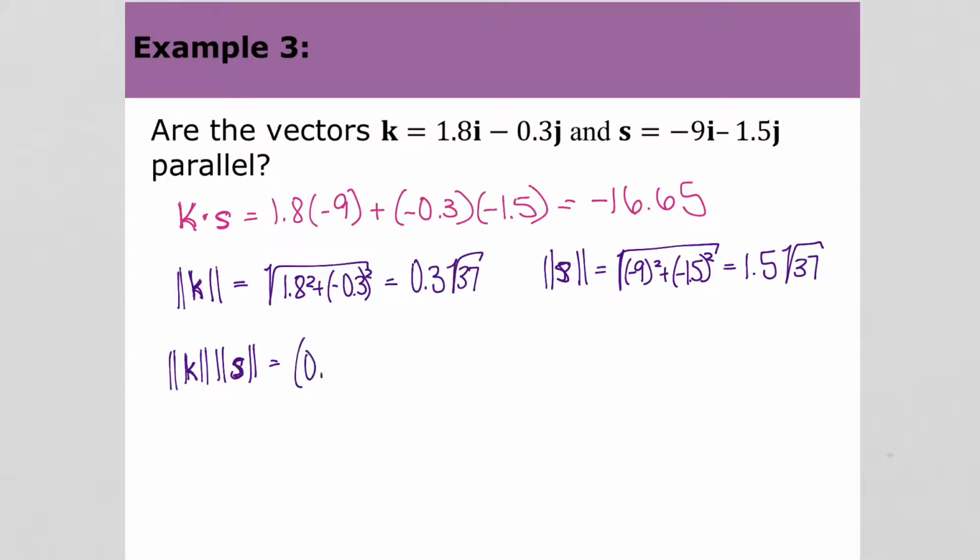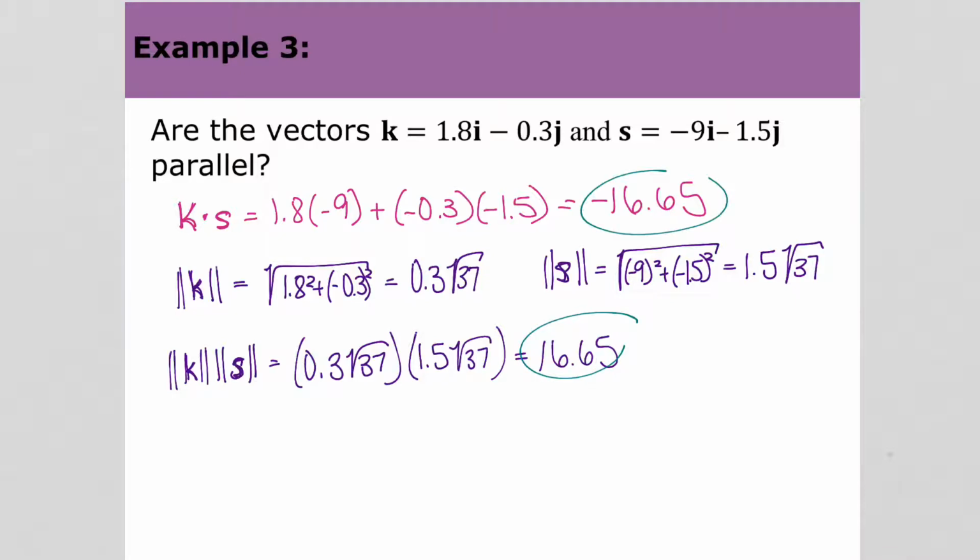So we'll take 0.3 times the square root of 37 and multiply it by 1.5 square root of 37, and we get 16.65. That tells us, since this number and this number are the same, or in this case opposites, then these two vectors are parallel.